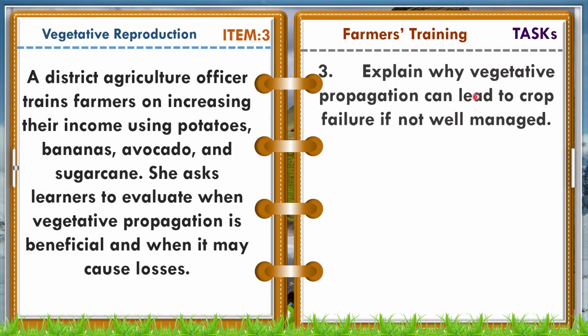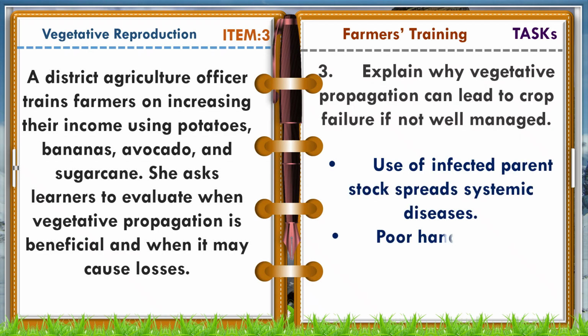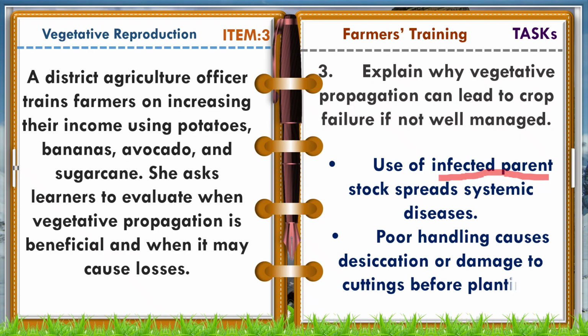Explain why vegetative propagation can lead to crop failure if not well managed. Use of infected parent stock spreads systemic diseases. Poor handling can cause desiccation or damage to cuttings before planting.